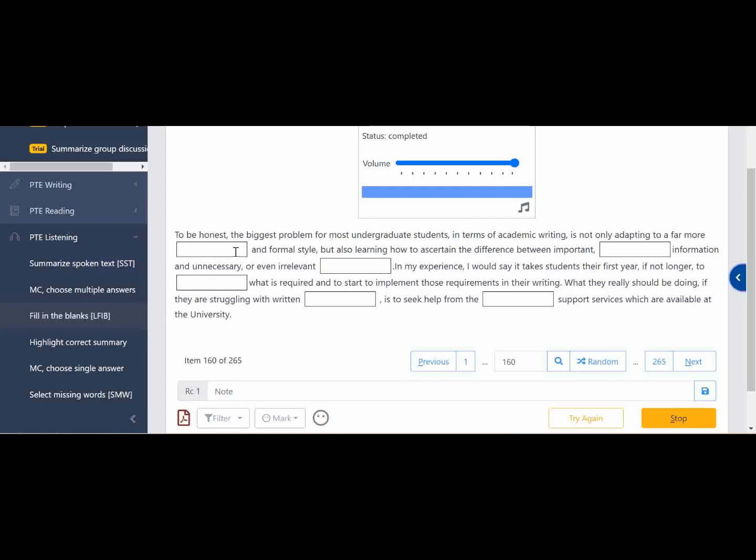So I think in the first one it's structured. S-T-R-U-C-T-U-R-E-D. Structure, because you have to write structure then D. And next is valid information. There are two collocations, valid information or basic information. Next one is irrelevant material. Next one is appreciate.